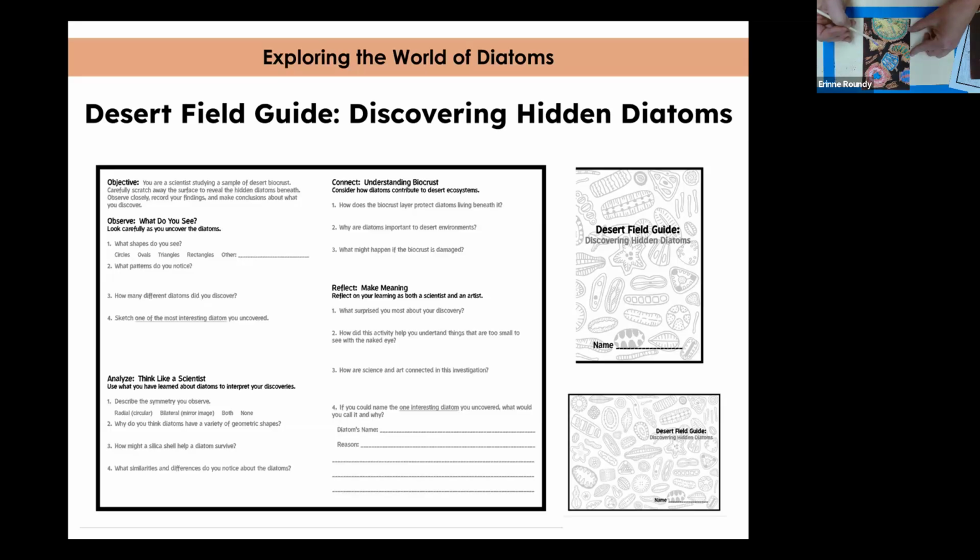As you can see, we have a variety of different diatom shapes, colors, and patterns that, as a scientist with my field guide, I can open this up and start to look at and respond to, applying the knowledge that I already have about diatoms to the information and details that I am discovering as I'm exploring and uncovering these hidden diatoms.